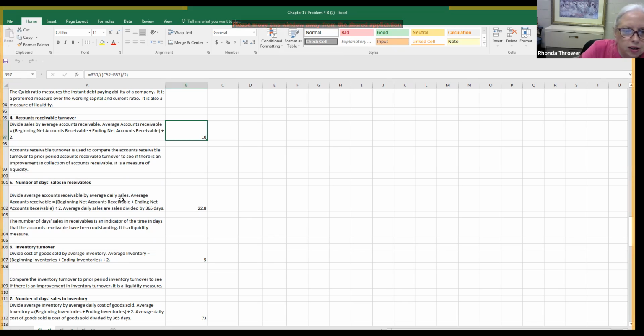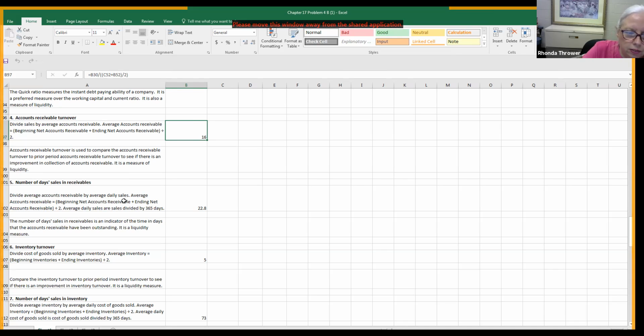To find the daily sales, we take the total sales figure off of our income statement, which was up above on this spreadsheet, and divide it by 365 days. That's how you determine the average daily sales.